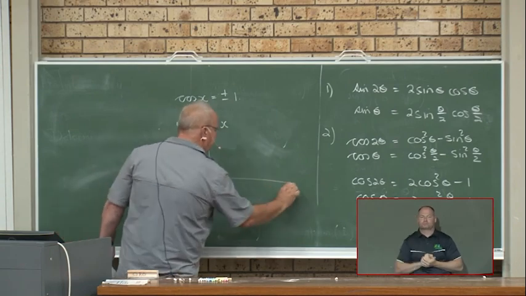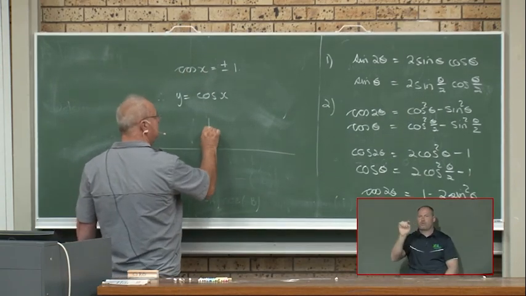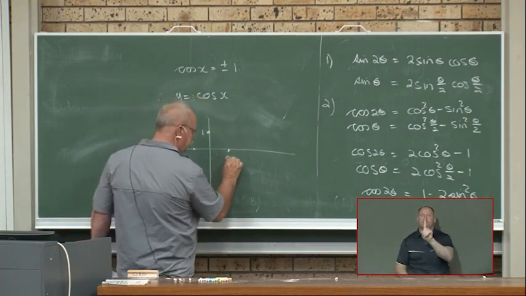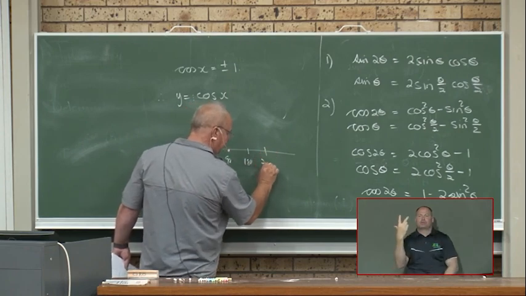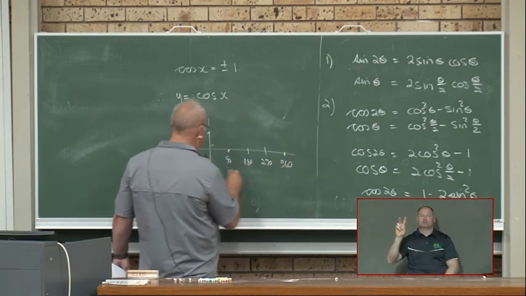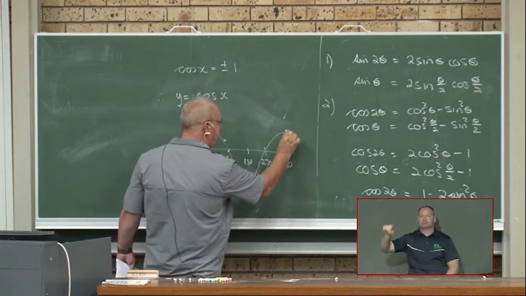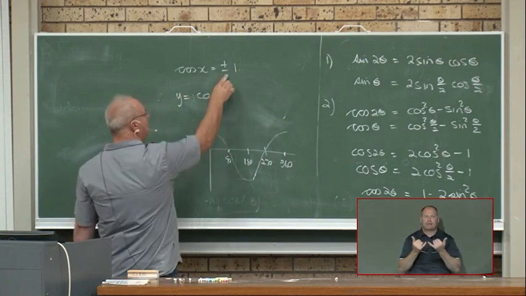Now people, if we just look between 0 to 360, the cos graph starts at the amplitude, which is 1. It goes through 90, turns at 180, goes through 270, and then it lands up again at 360. So when is it 1?